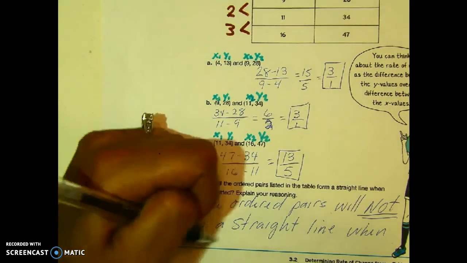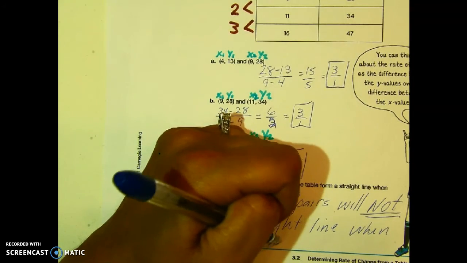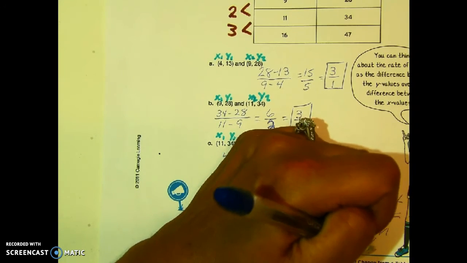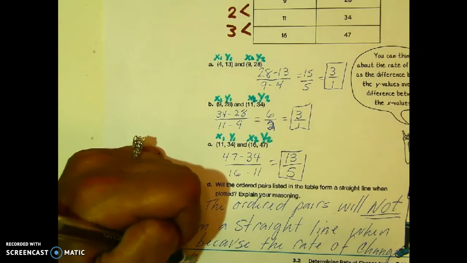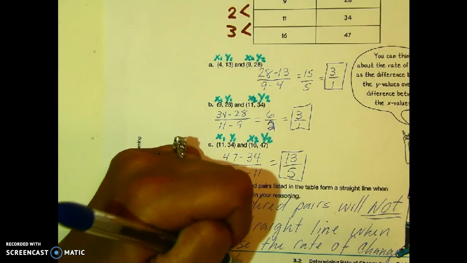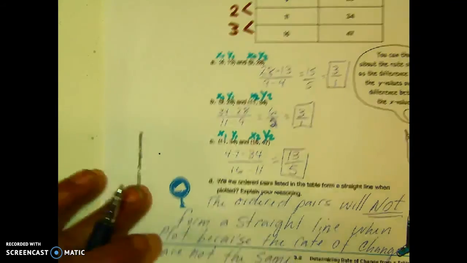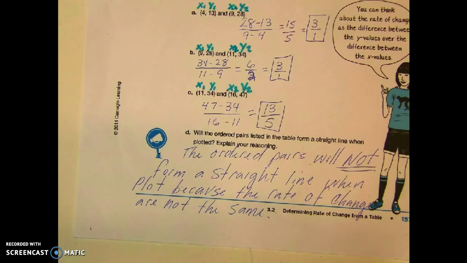Here comes our reasoning. Because the rates of change are not the same. These are a little time consuming, but you want to make sure you check all.